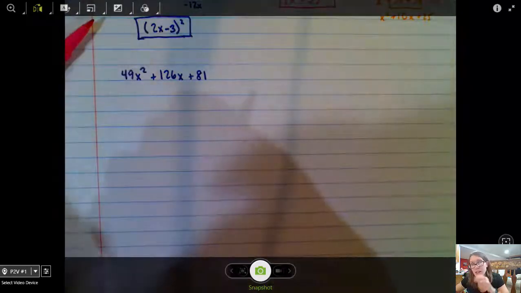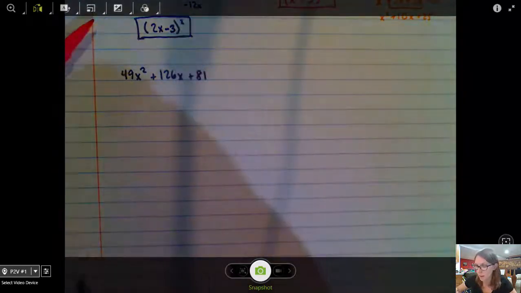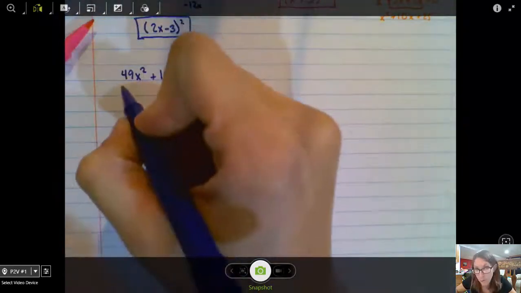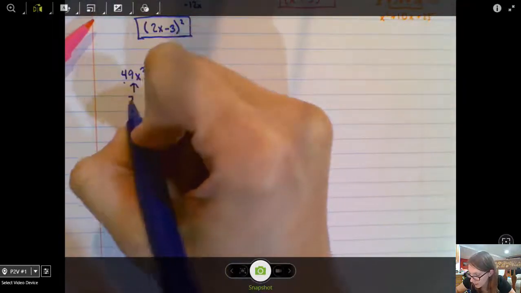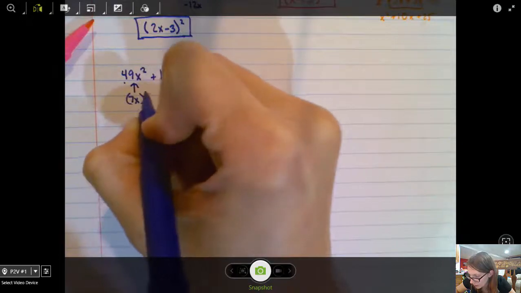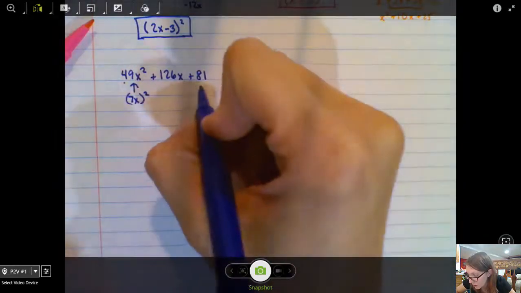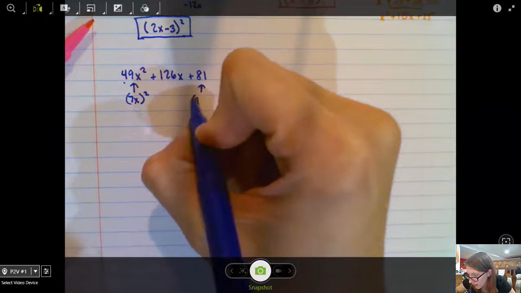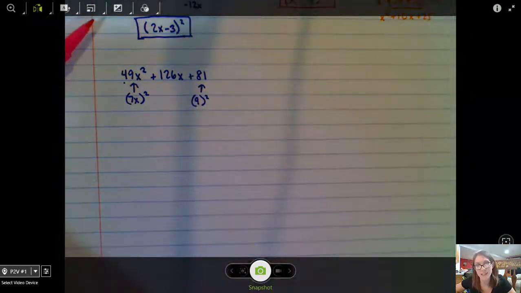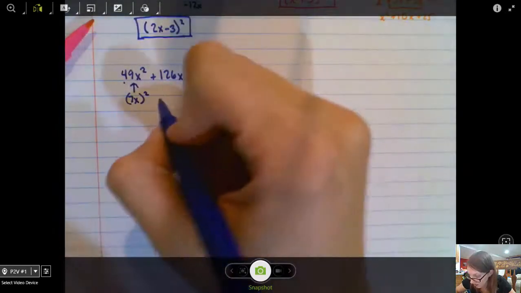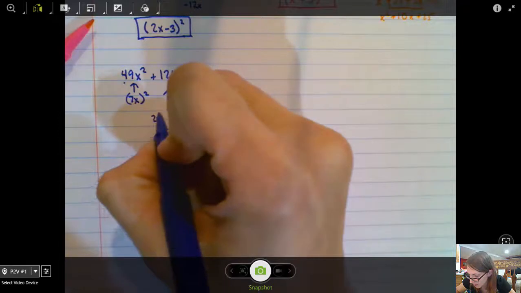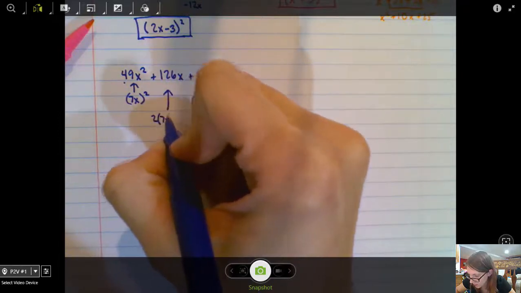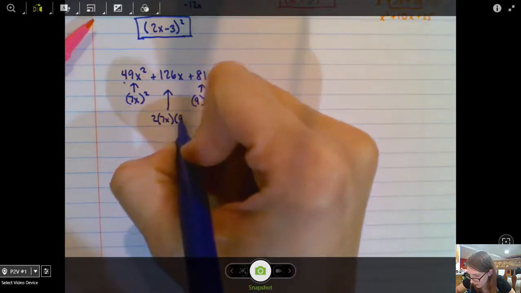But hey, let's look at this little trick, my perfect square trinomial, because I know 49 is a perfect square. 49x squared is (7x) squared. And I know 81 is a perfect square. It's 9 squared. Let's see if that middle is what we need it to be. Take twice 7x and 9.